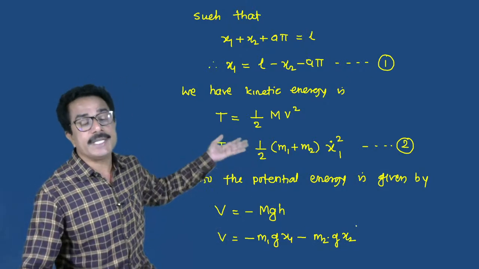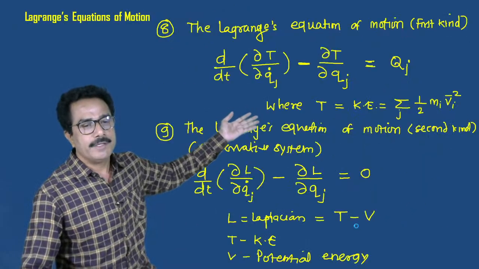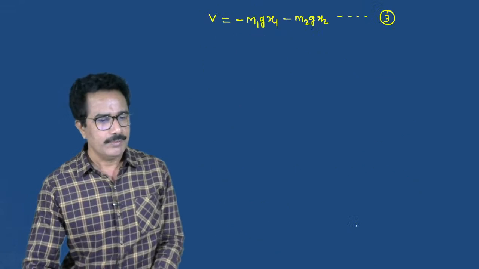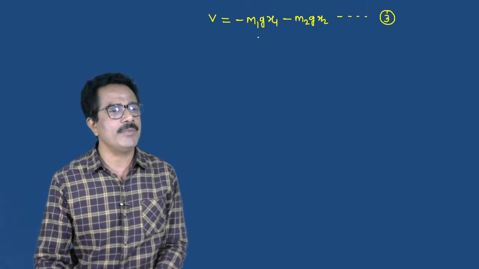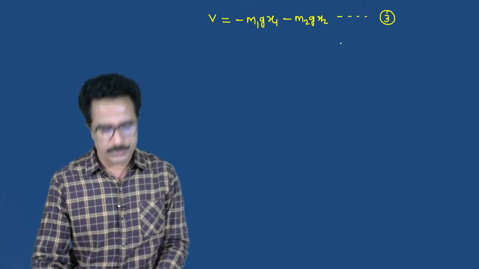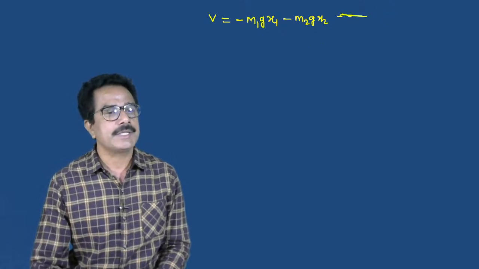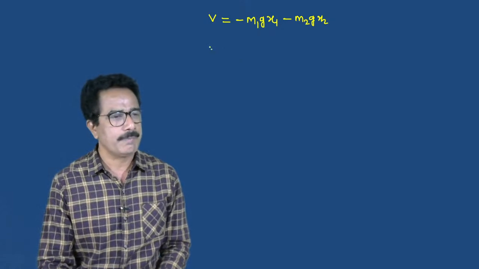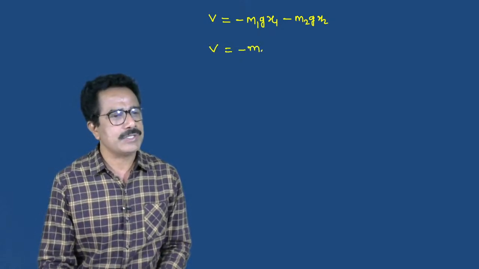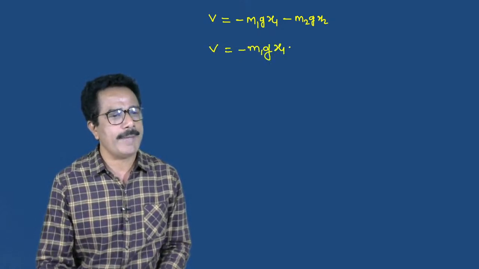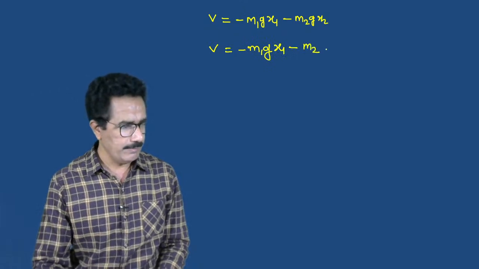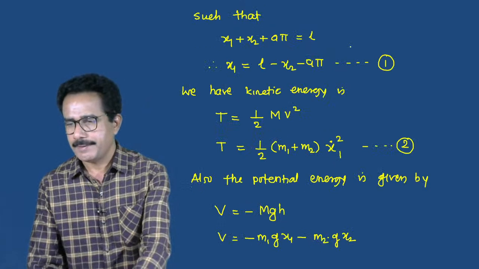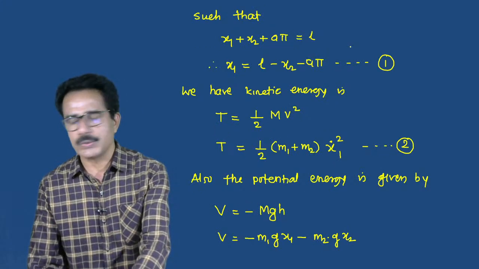See, mass 2 has the height x2. So we can write this as m1g x1 and m2g x2. V is equal to minus m1g x1 minus m2g into x2. What is x2? We can write x2.